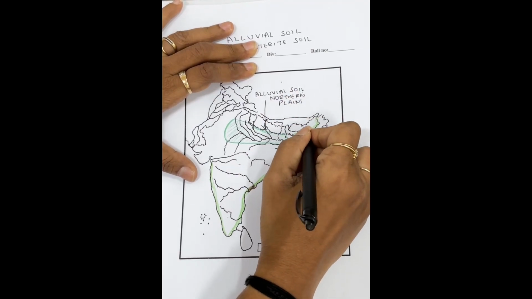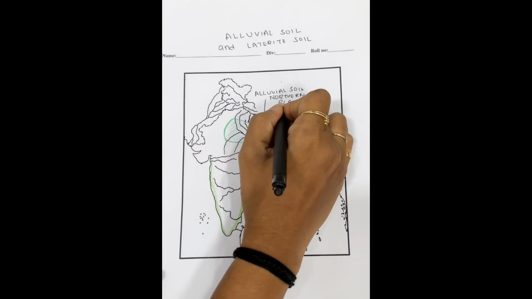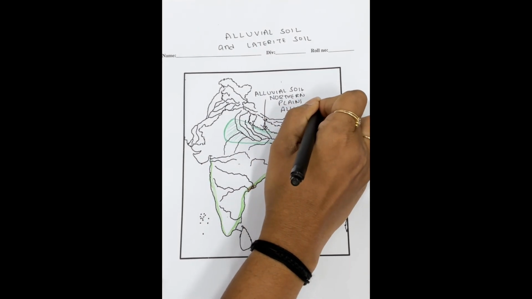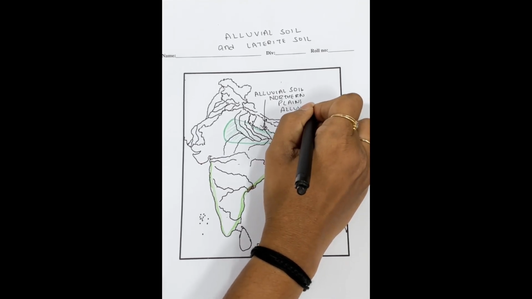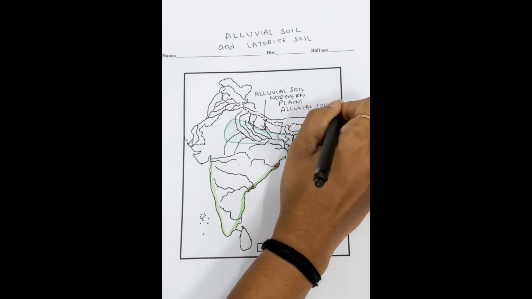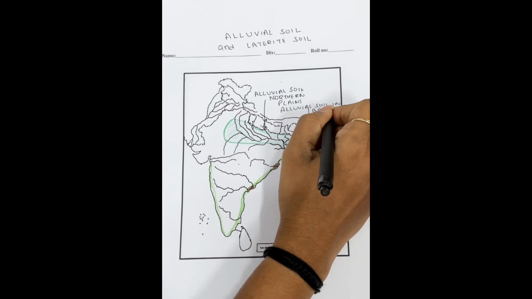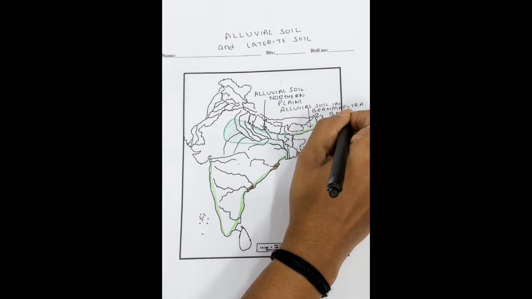Okay, now this area is also alluvial soil in Brahmaputra basin, which is also alluvial soil in east.